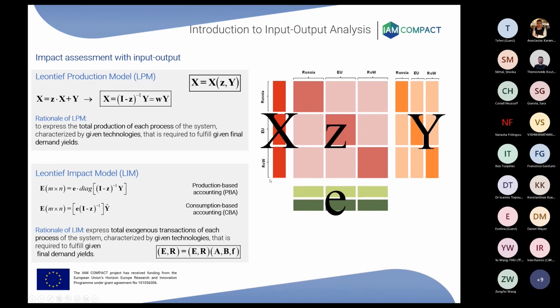And of course, once this total production or total activity by each sector in each region is defined, it is also possible to derive the exogenous or environmental transactions, in terms of, for example, CO2 emissions, water use, land use, and other environmental transactions between nature and the economy.